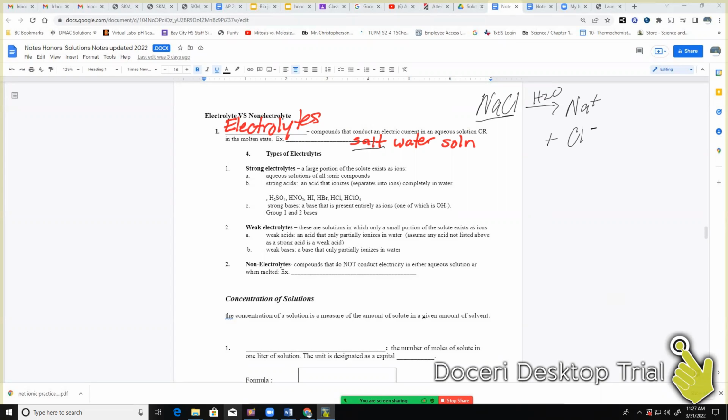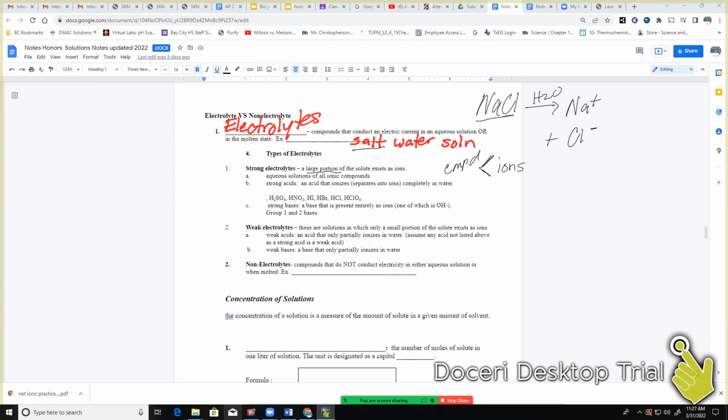So the things that form electrolytes are going to be, first of all, our stronger electrolytes. And those are when you have a large portion of the solute existing as ions. So for this one, I have my ions and my product would be greater than my compound that I started with.